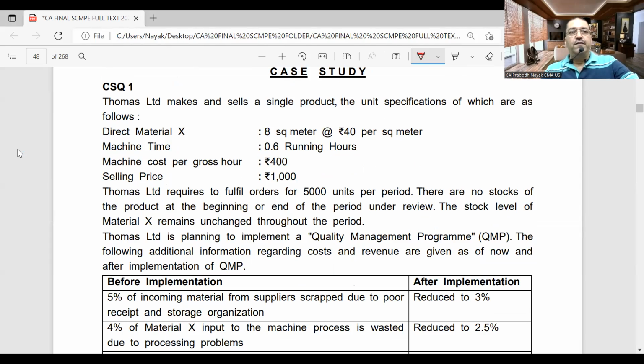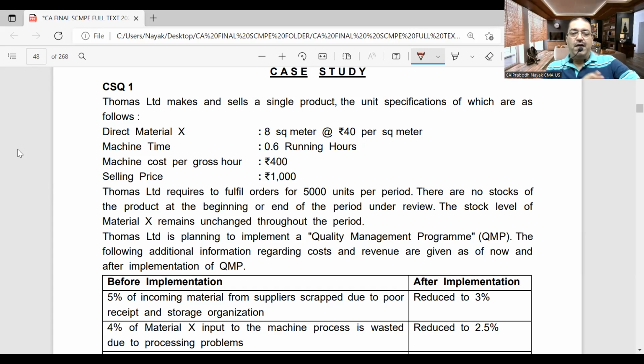Third type of case studies, purely practical. That means it is like a problem only, like a numerical problem. But it is going to give you a big story, and from that story you have to extract the data and see how to calculate and how to arrive at a particular decision. So, like that, we have different types of case studies also.